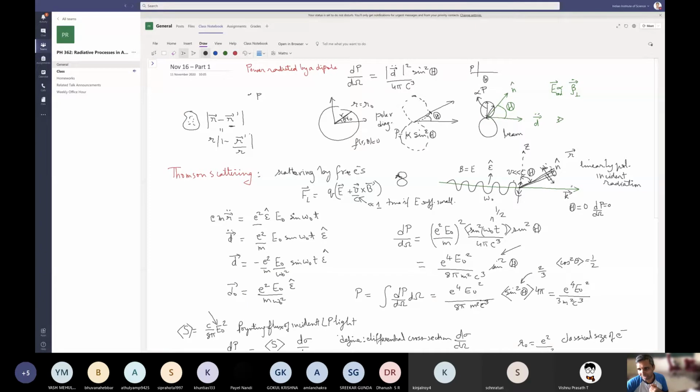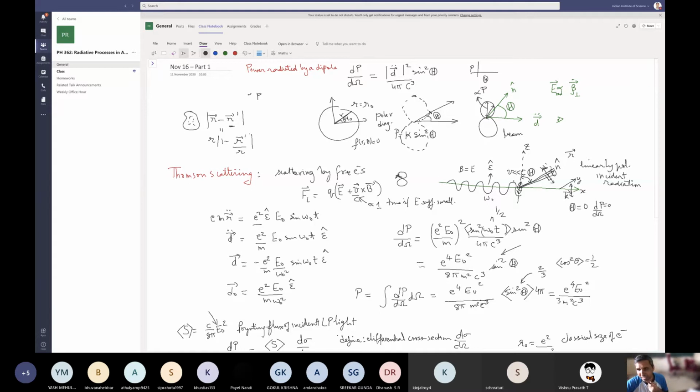In that case, the scattered radiation will also be polarized in the same way as the incident radiation, in the plane of n hat and the direction of acceleration. Now, let's actually choose our axes x, y, and z. That's z, this is x, and y is into the board.